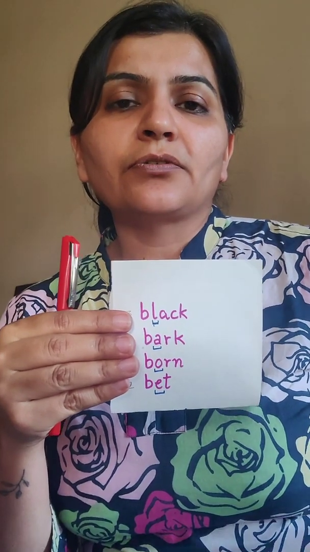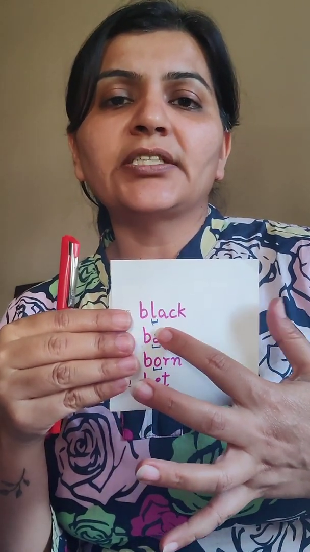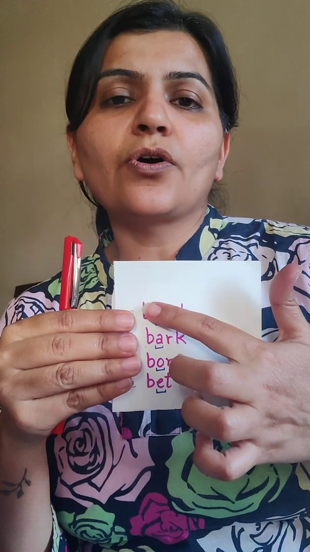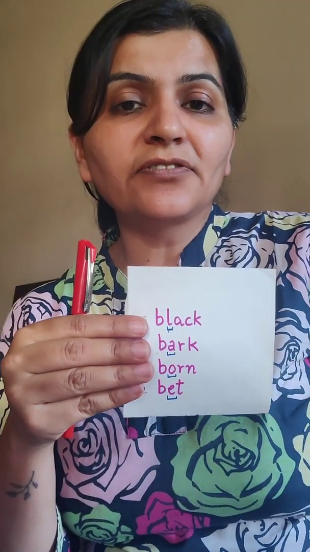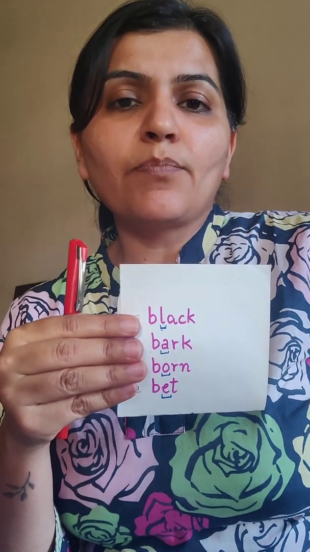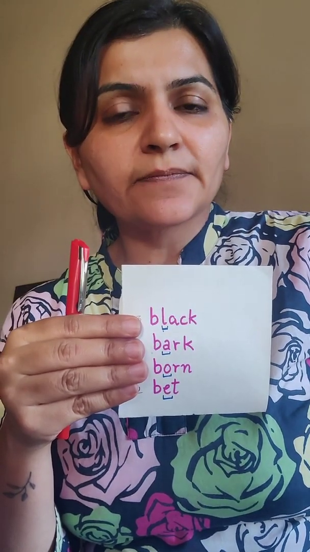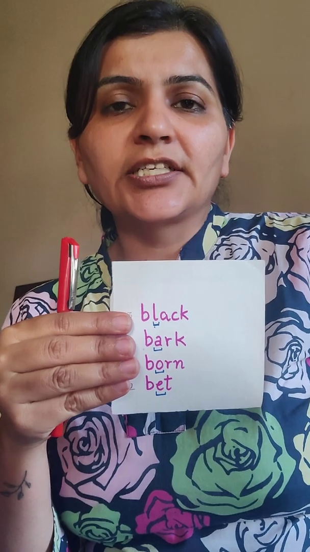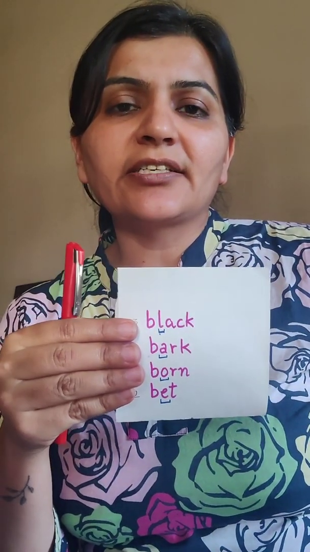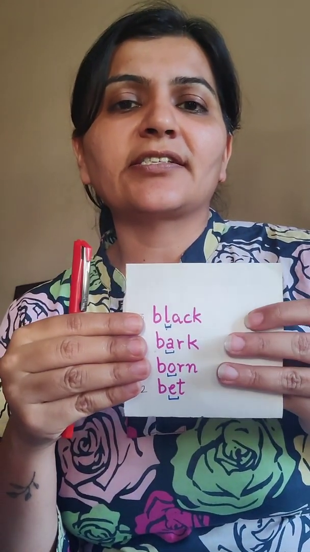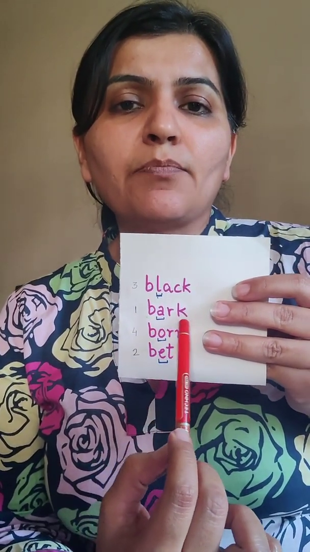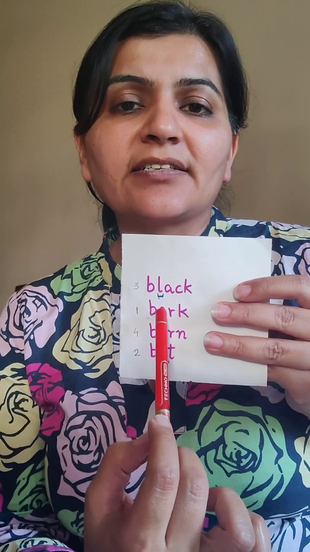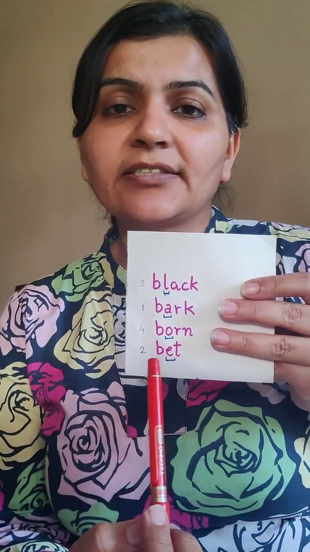The trick is you go to the second letter. All the words start with B, but their second letters are different. So black, bark, born and bet. These are the words. If you can quickly do it mentally, great. Otherwise, I have the correct answers here. The first word will be bark because A comes before any other letter.